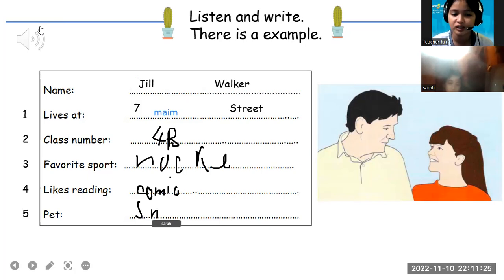Okay, what is your answer for number 5? A snake. Okay, so I will write it for you. Can you spell the word snake?